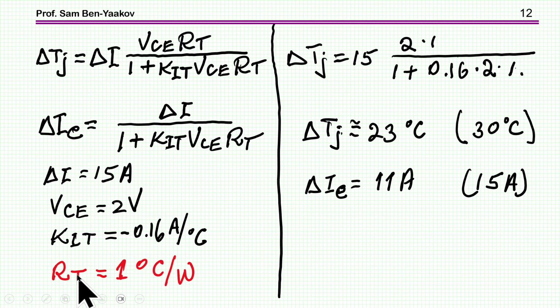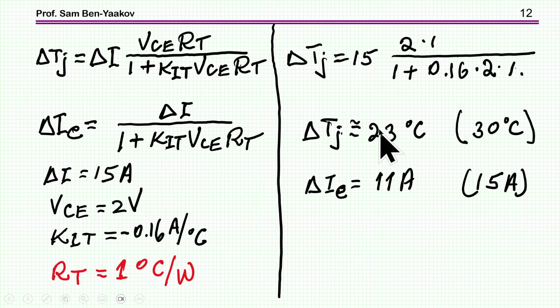And I'm assuming the thermal resistance is 1 degree per watt. The transistor itself is 0.5, and then 0.5 for the thermal pad, so it's about 1. So if I plug it in, I find that the temperature rise will be 23 degrees in this particular unit. Without the feedback, it would have been 30.